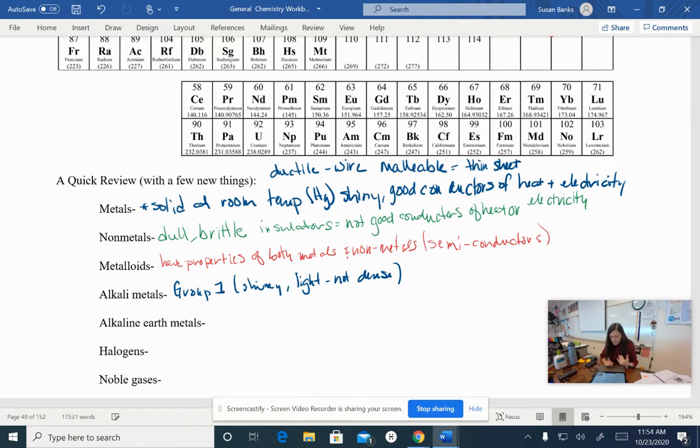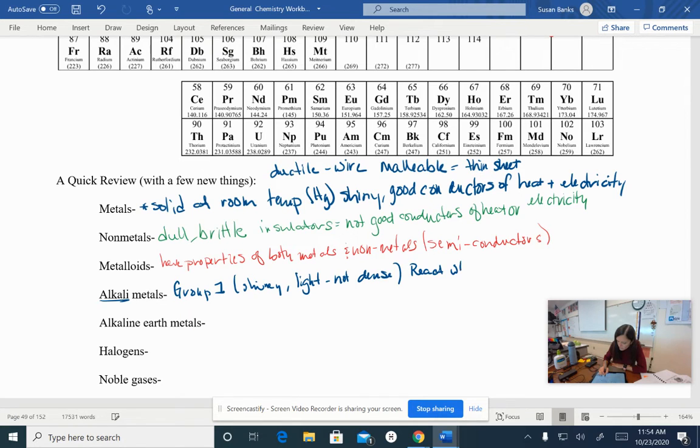They're called alkali metals because in British English, not American English, alkali means base. So if we put these metals into water, they will react with water and they will turn that water basic. Okay? They react with water.